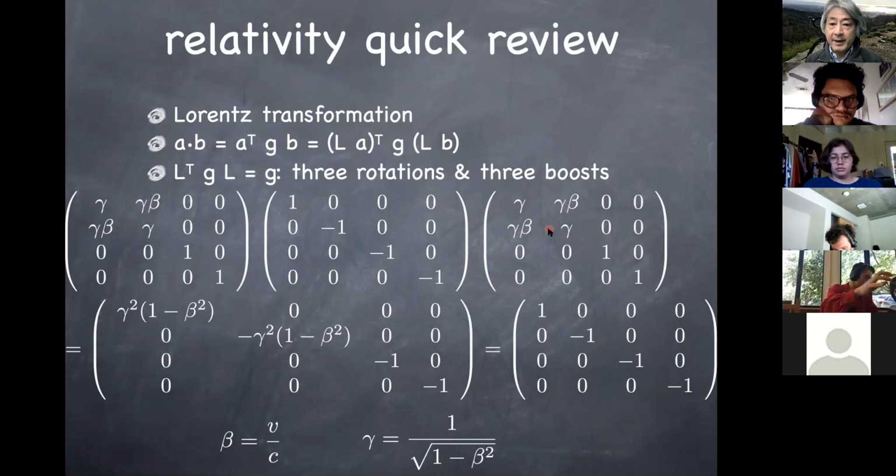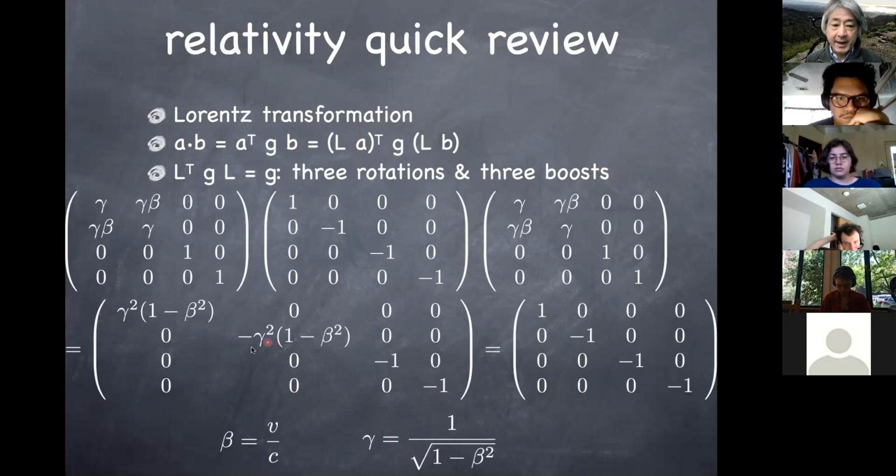And here what I'm verifying is that if I use this matrix gamma, gamma beta, gamma beta, gamma, and sandwich this 1, minus 1 part of the metric tensor G between these 2 matrices, you can immediately see that the off-diagonal components vanish, which is a good sign. But in addition, I have to make sure that this combination gamma squared times 1 minus beta squared has to be 1, so that this L G L is G, going back to the original G with 1 up here.